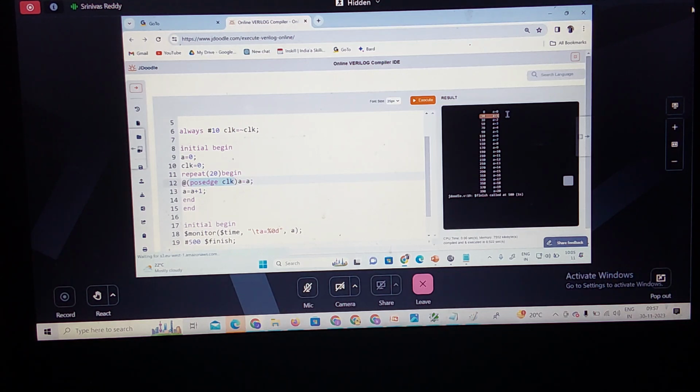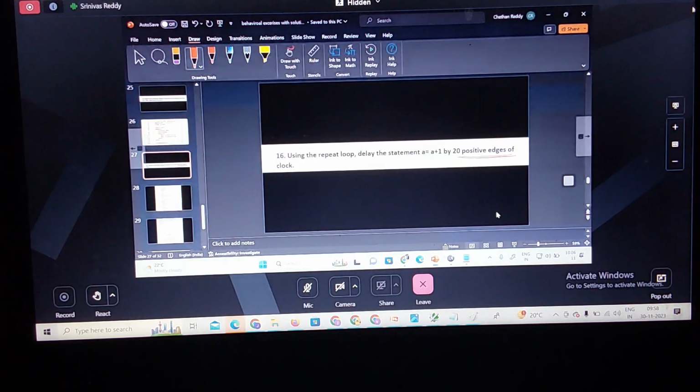Now this is delayed by how much? 20 positive edges of the clock. Then what happens? The next edge comes at 30. At 30 it becomes 2. So this is a question.